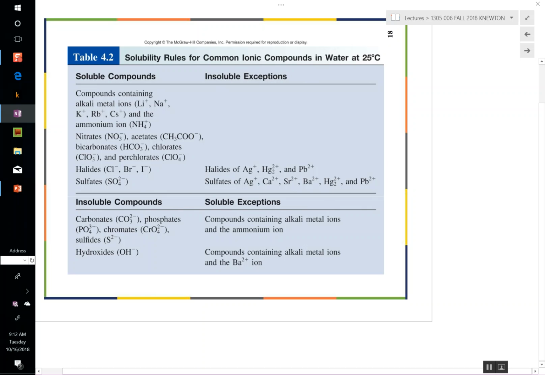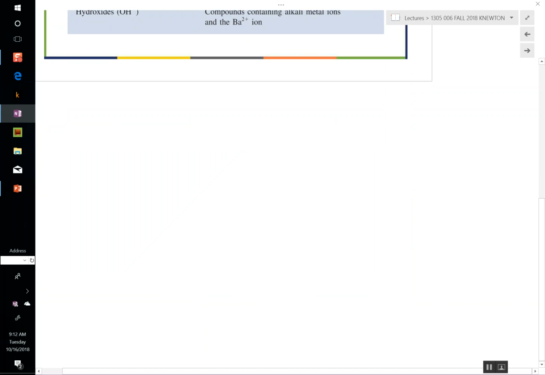Okay? So if you want to indicate those, that's how you use that chart. And another way would be like this. An interesting question would be like this.